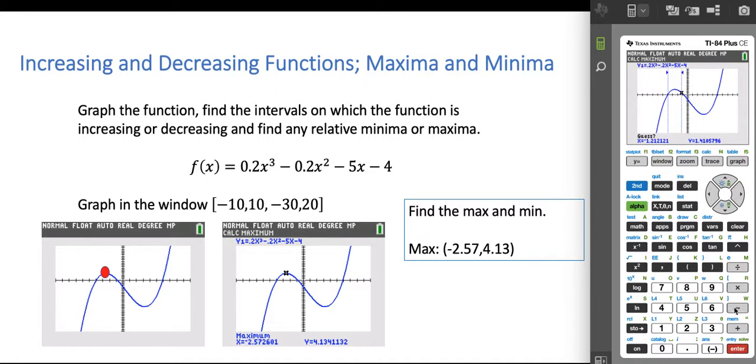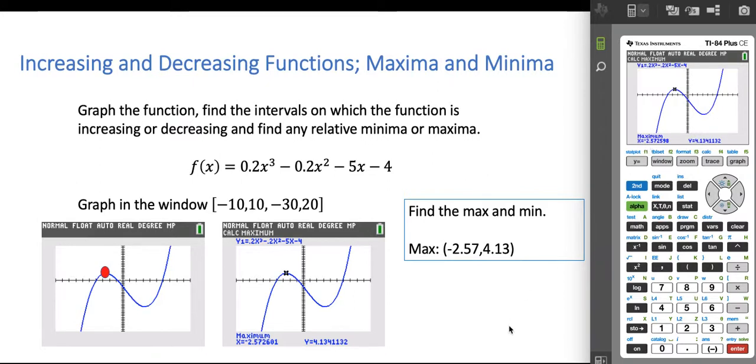Press enter. You're still not done because it says guess. You don't have the answer until it says maximum like it does over here, right? So press enter and then you get the maximum. So you see the maximum value is the y value and it occurs at this x value of -2.57.